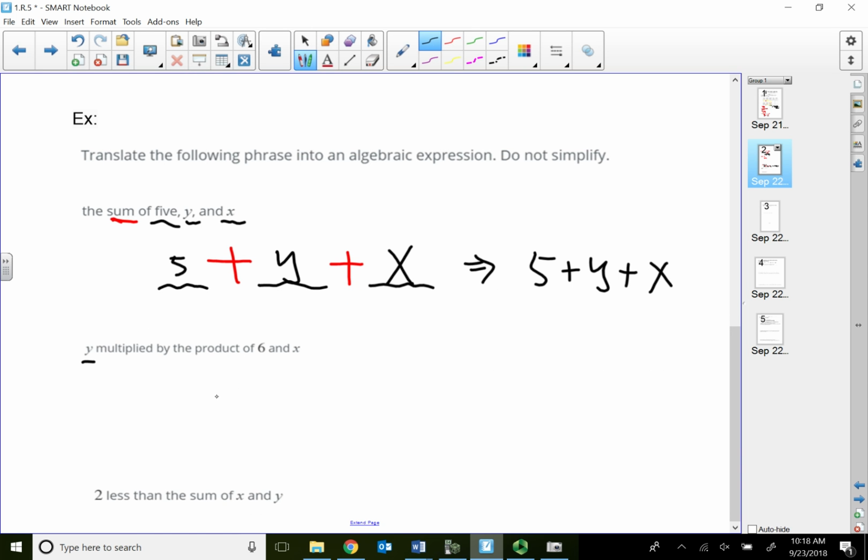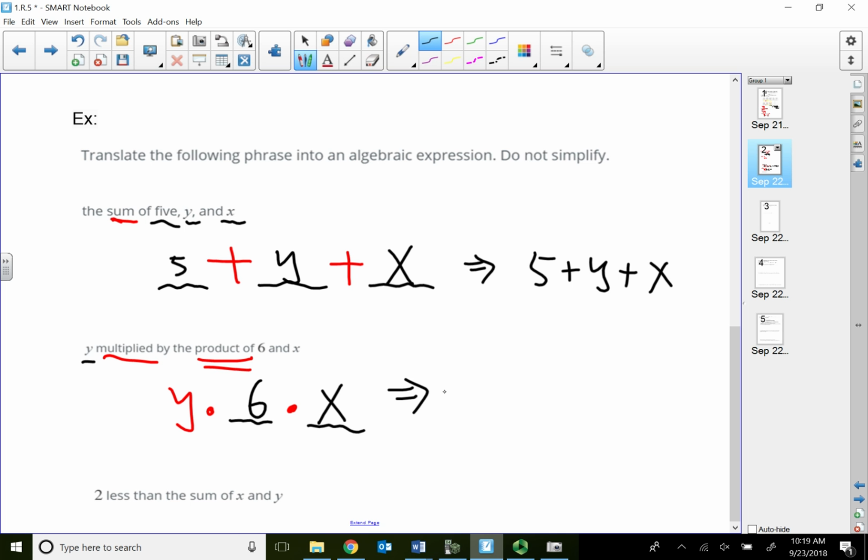All right, y multiplied by who? The product. The product is another multiplication, so there has to be something in front of the multiplication sign and something behind it. It's y multiplied by the product, the multiplication of 6 and x.